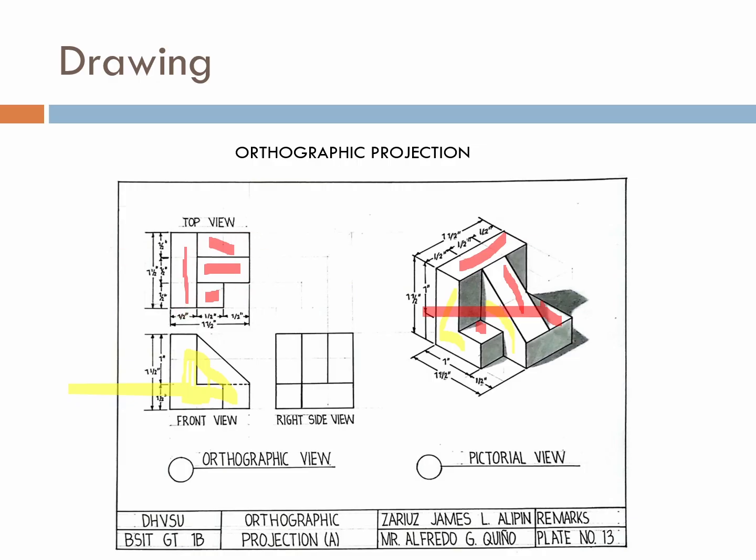Now, from the right side view, you'll be seeing this right here, here, here, here, and there. So what we have here is this, and this will be this right here, and this right here, and this over here, this here, and that there.